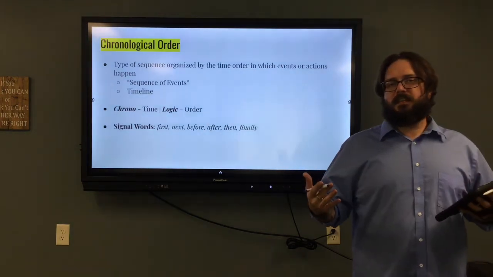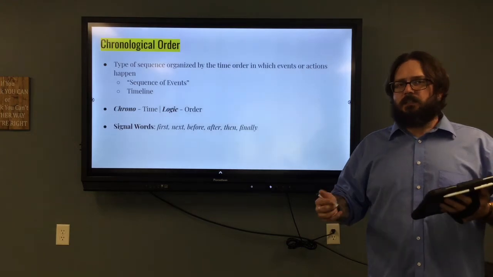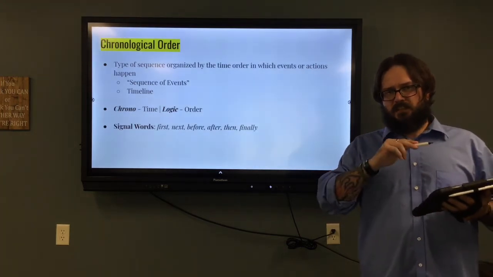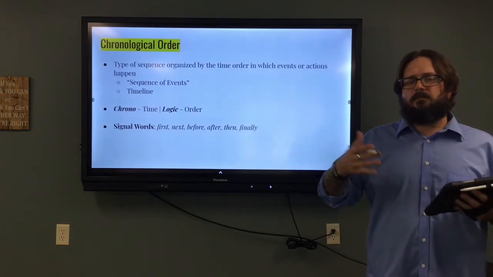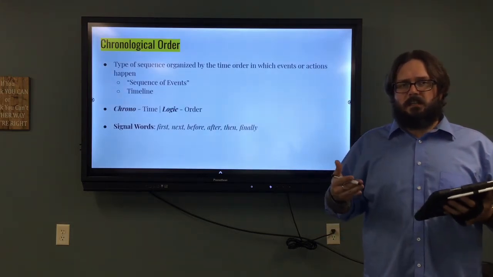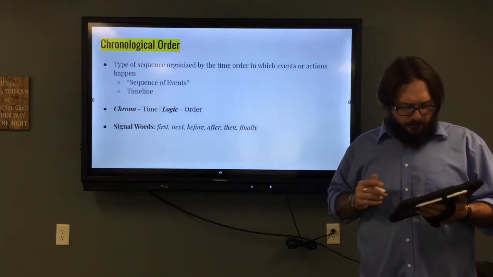We would refer to this as maybe a sequence of events, or if you think about your history textbook, seeing things listed on a timeline. This type of information is presented in the specific order in which it occurred in time.